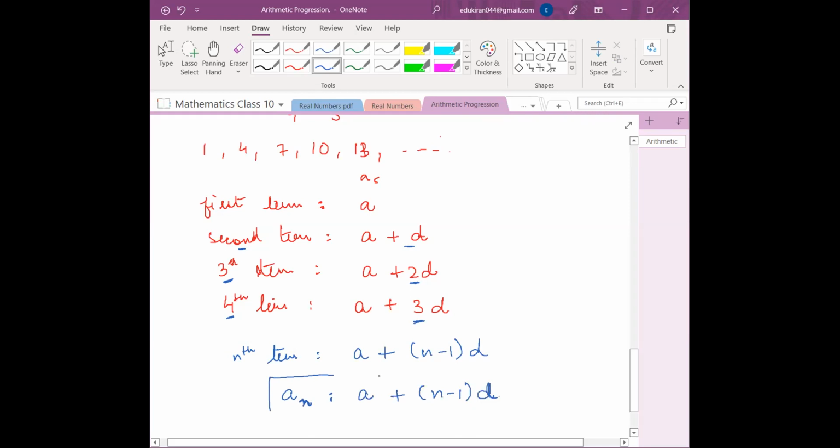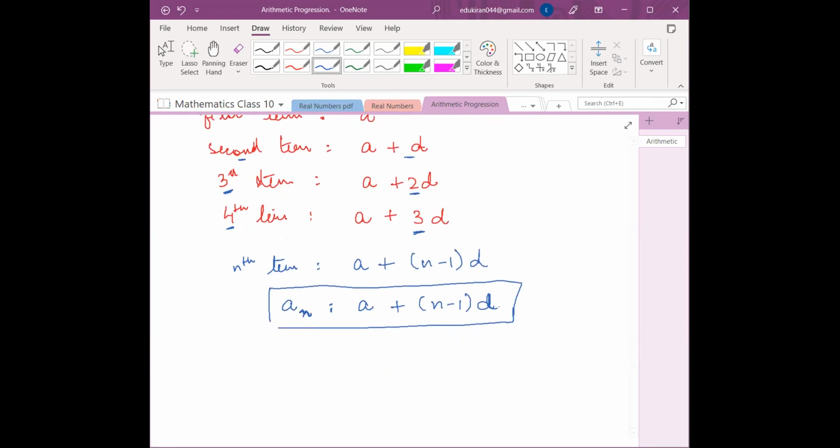So this is the general formula for the nth term of the AP. Please note it down. Then I'm coming to the exercise.